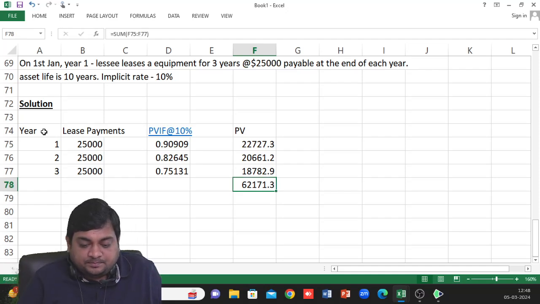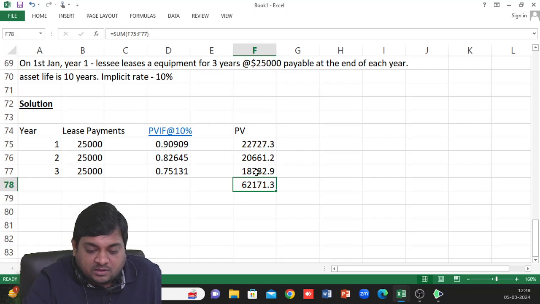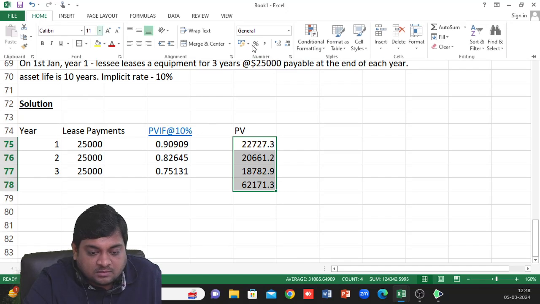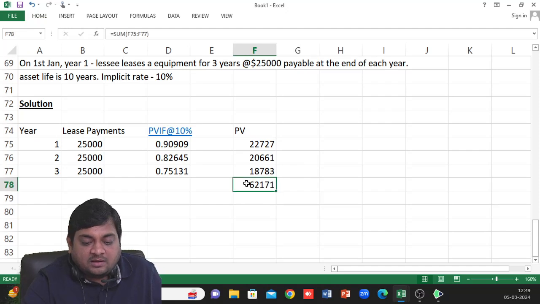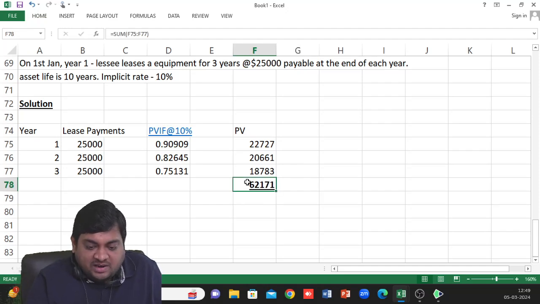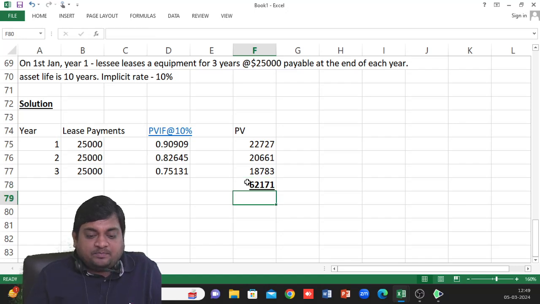So let us do one thing. Right, so this is the present value of lease payments.